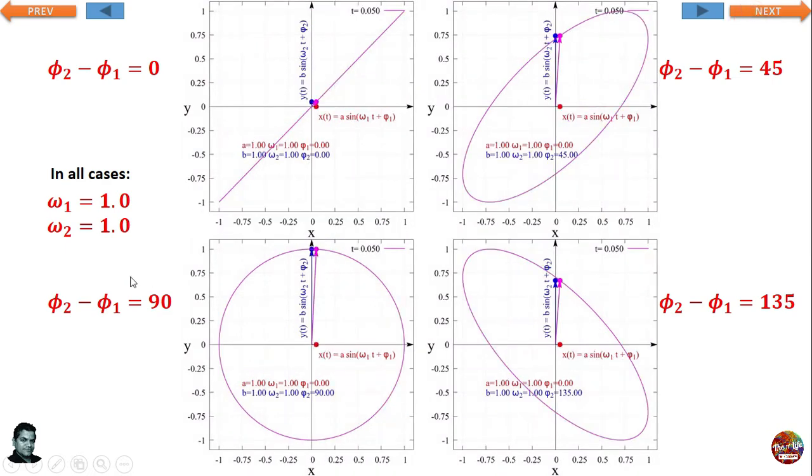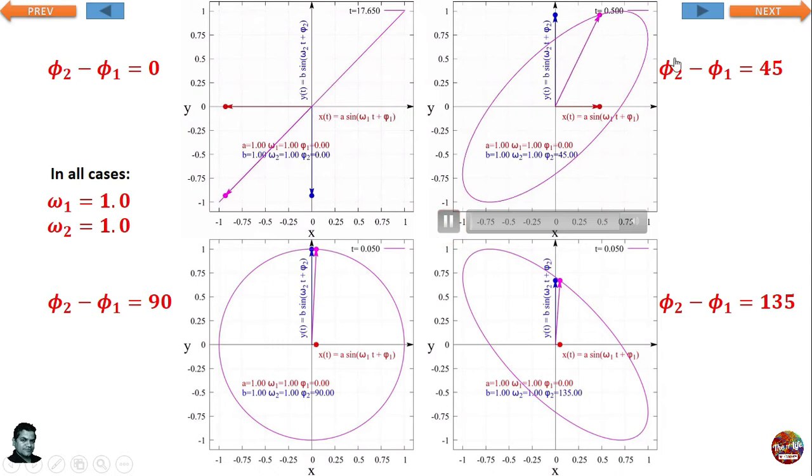Then in the next case, the two oscillators have the same angular frequency. Again, for a phase difference of 0, the oscillation results in a resultant path that is a straight line at an angle of 45 degrees with the horizontal axis.